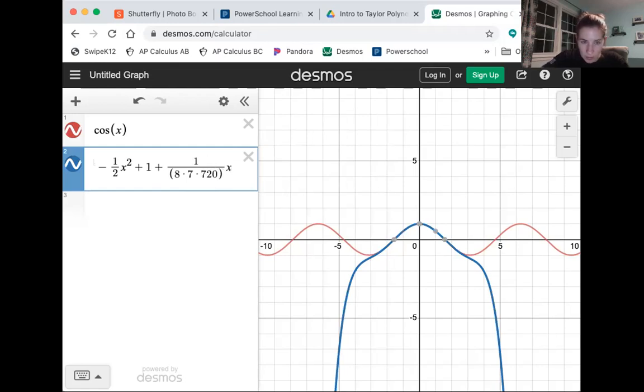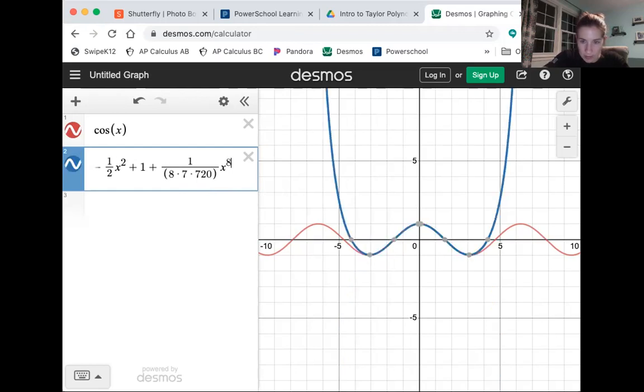So don't worry about where this is coming from yet. We'll explain that tomorrow. But do you see how if I add on another one, it does a better job? Do you see how if I added on the next one, it would then curve down and then curve up? It would just keep adding more curves so that it would look more and more like cosine. I hope you think that that's pretty cool.